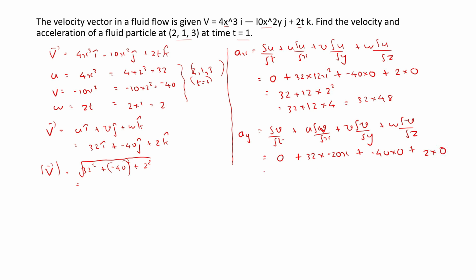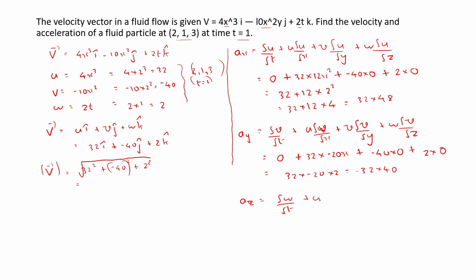So this will become 32 into minus 20 into 2, so that is minus 32 into 40.